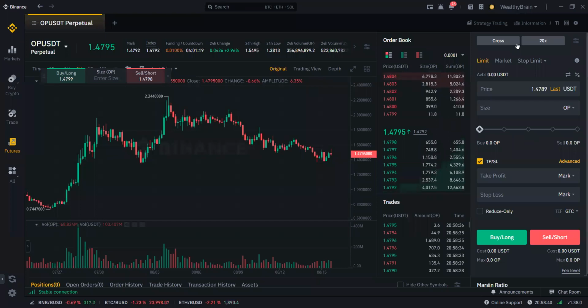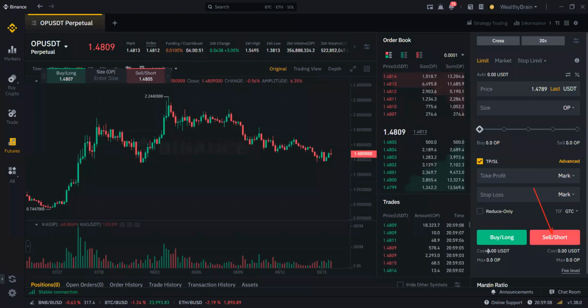They'll just give you short OP or long OP. Whenever you see long OP, it means buy OP. When you see short OP, it means sell OP. If you look at the screen, you can see there buy/long, then sell/short, at the top middle of the screen. So that is it.